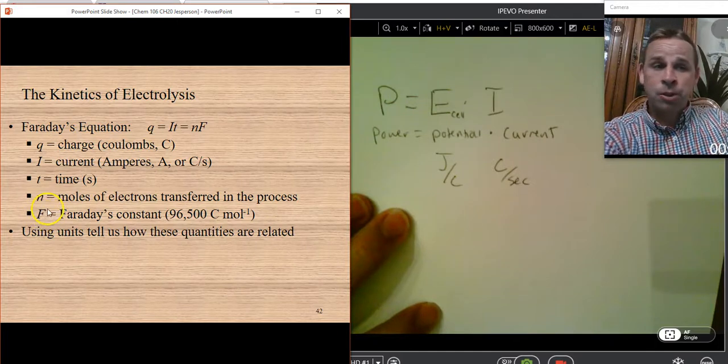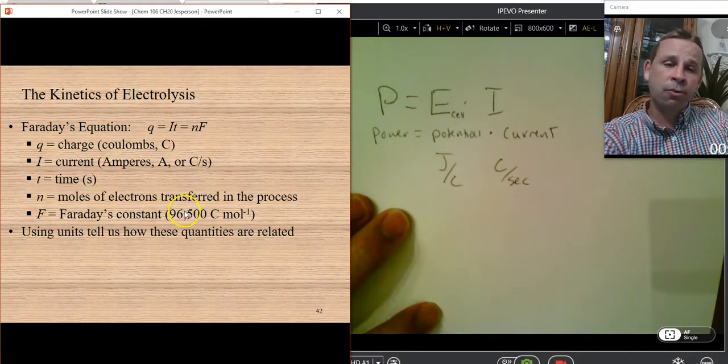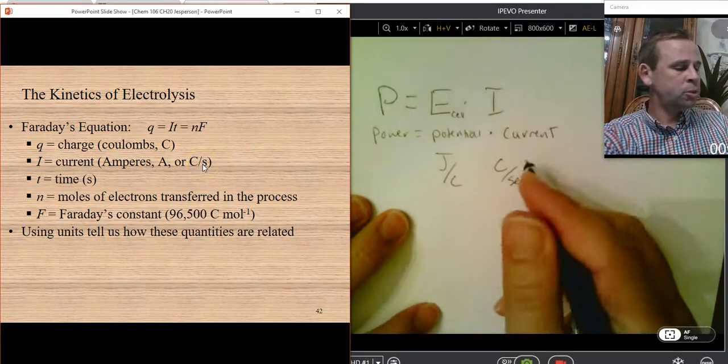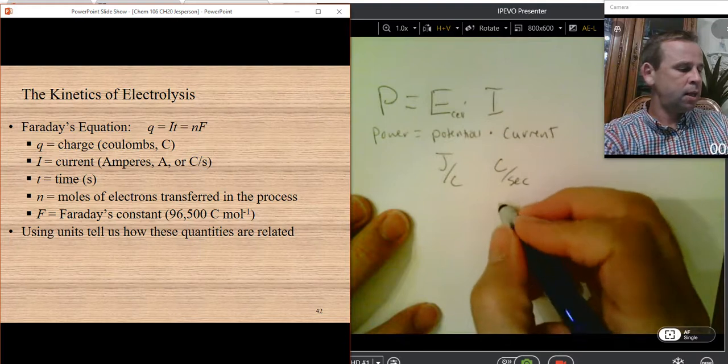It's used in plug and chug scenarios, or when you're trying to relate how many moles of electrons there are for the number of coulombs, and when you're defining what current is and wondering how much time it's going to take, because a unit of current is coulombs per second. Coulombs per second are also known as amps.